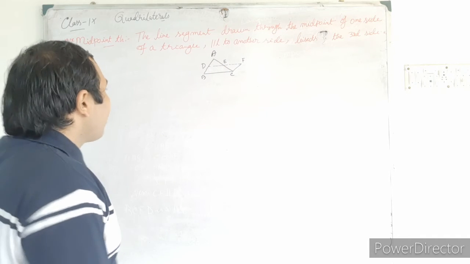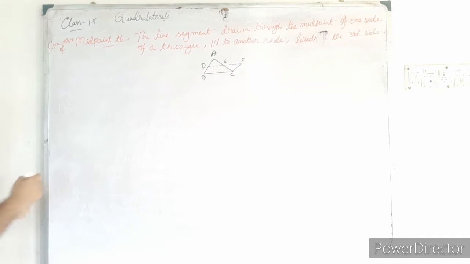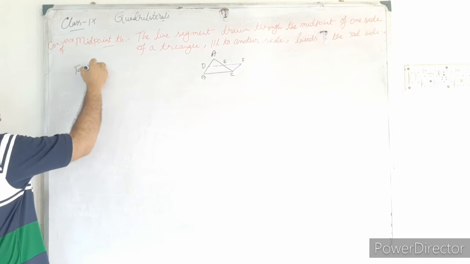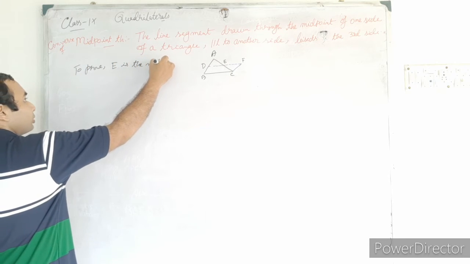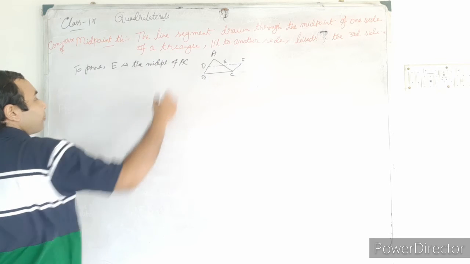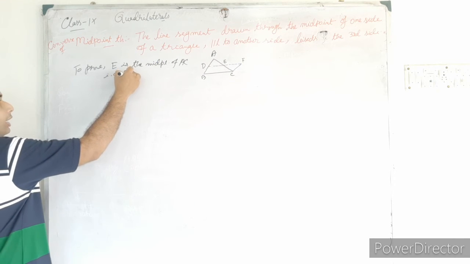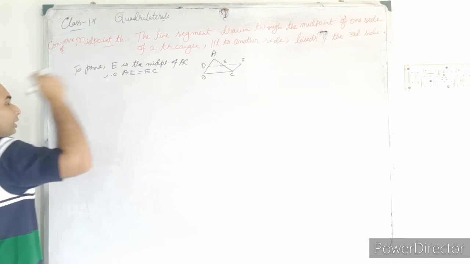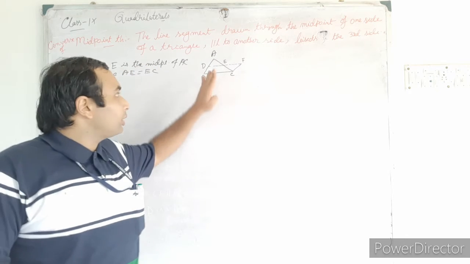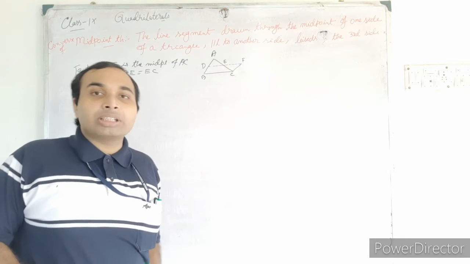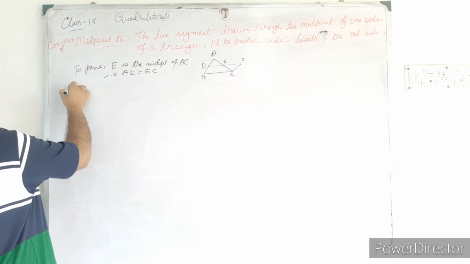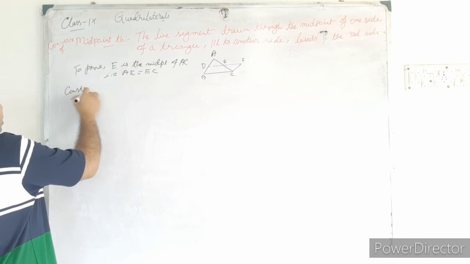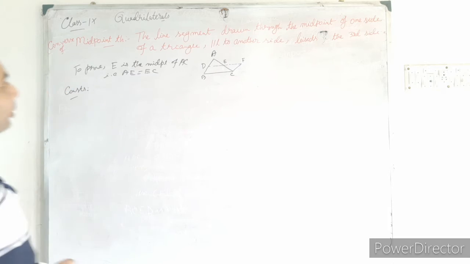You will write the description, I am not writing here. So to prove E is the midpoint of AC, that is AE is equal to EC. This is the converse of the midpoint theorem, that's why the diagram and construction will be similar to the previous one. I am not writing the construction now.